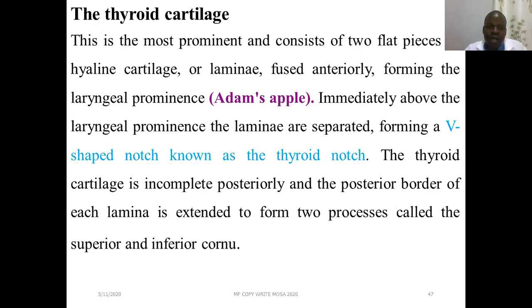So under the Adam's apple, the V-shaped notch, which is the thyroid notch, is the one that gives the good structure, the Adam's apple or the voice box.